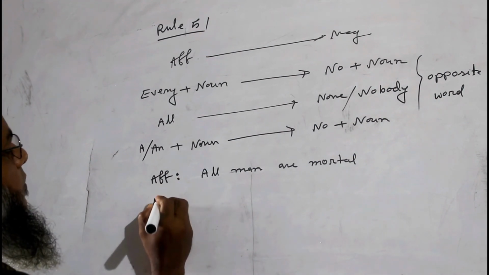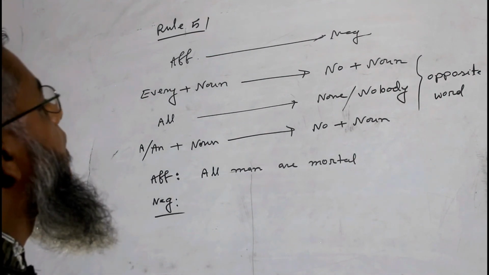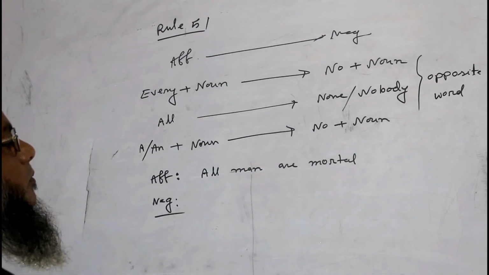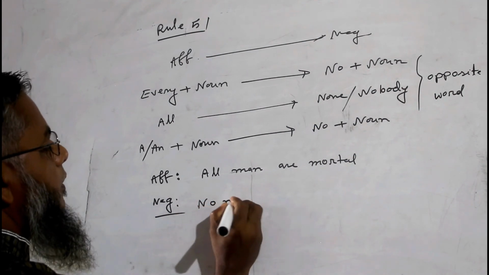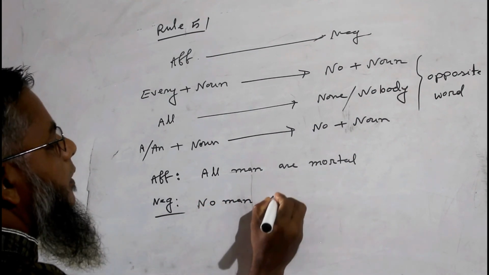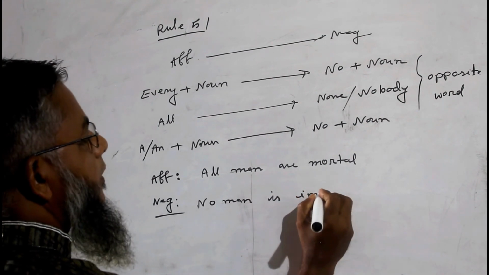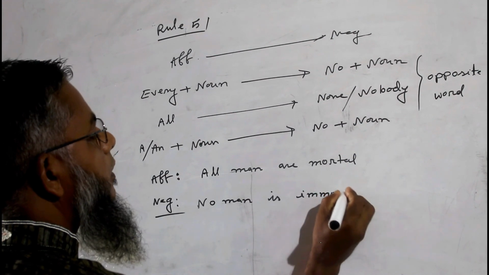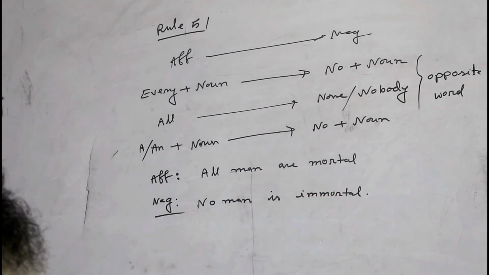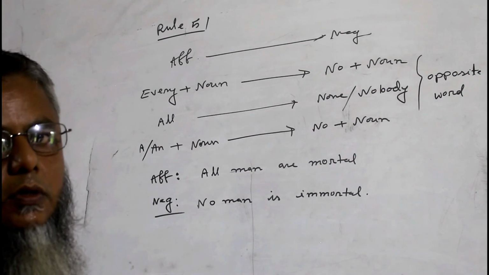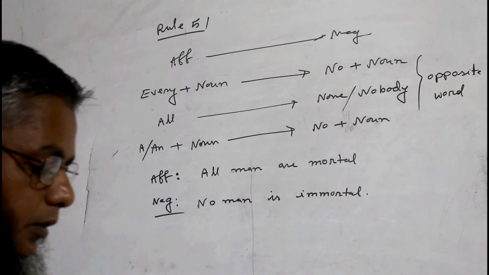If you want to change it into negative form, you have to use no plus noun. No man is, with the opposite word, immortal. No man is immortal. In this way you can change it in a negative form.